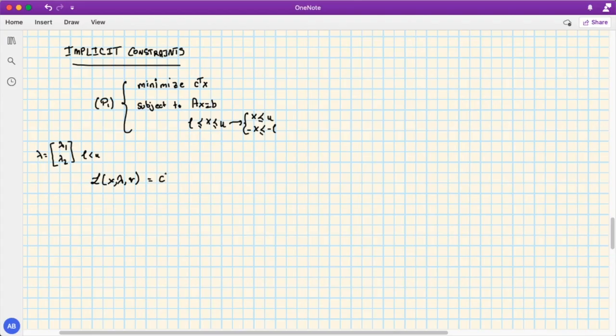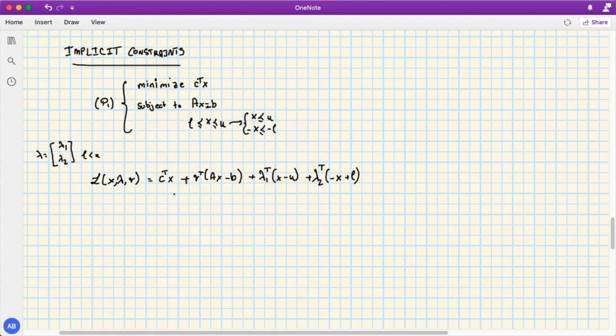So we can write this as c transpose x plus nu transpose (Ax minus b), that's for the equality constraint, plus lambda 1 transpose associated with the first inequality constraint, that is x minus u, plus lambda 2 transpose associated with the second inequality constraint, that is minus x plus l.